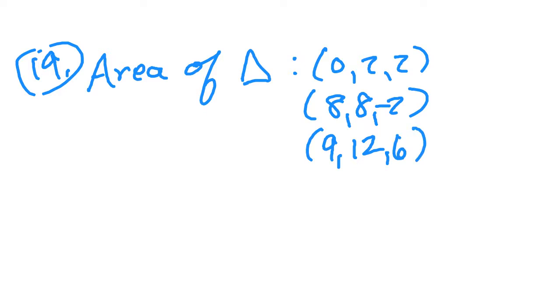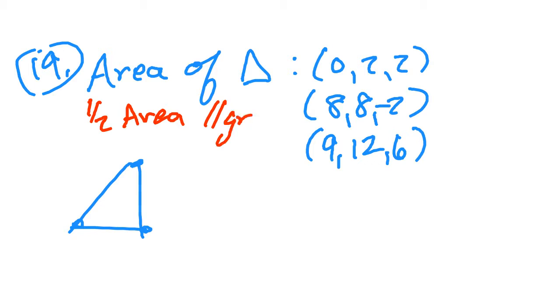Basically this is going to make a triangle in space, right? Three points in space, you connect the dots, you get a triangle. I'm going to draw it at an angle. Really, what I need to do is make a vector. What do we know? The area of a triangle is half of the area of the parallelogram.